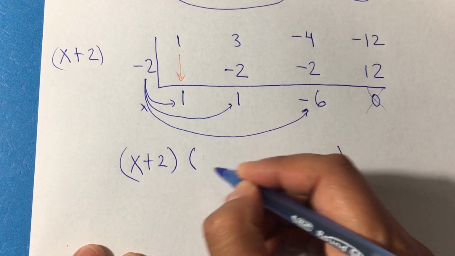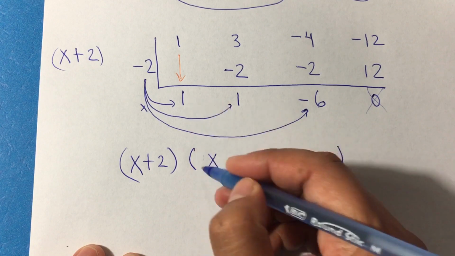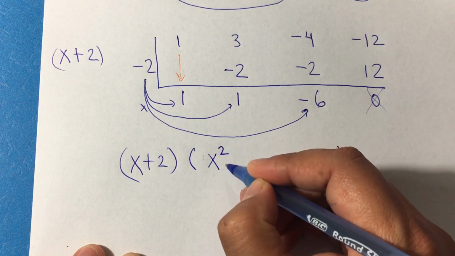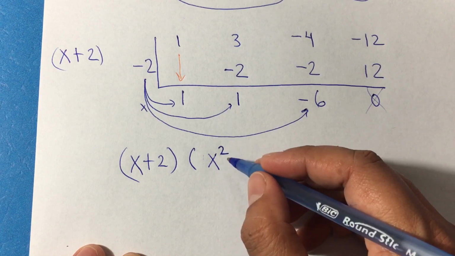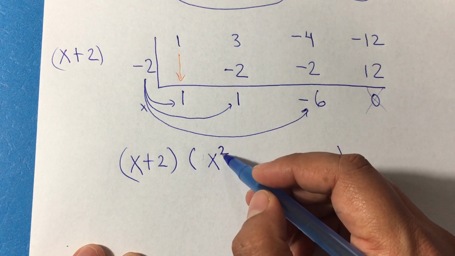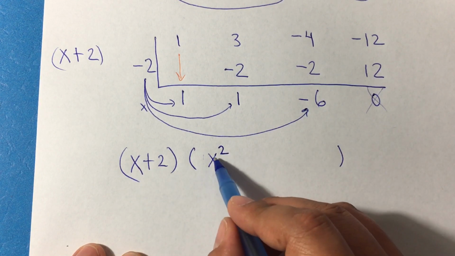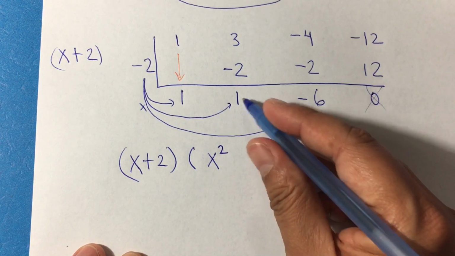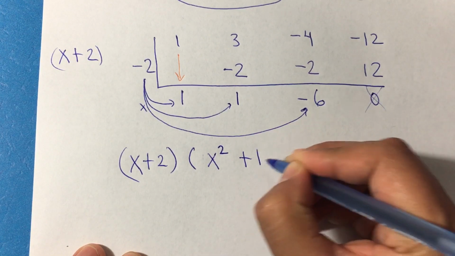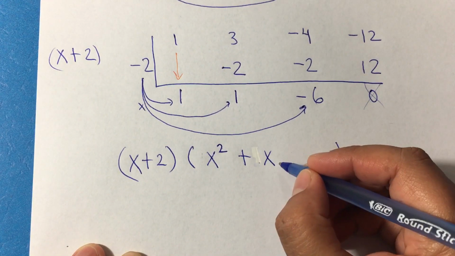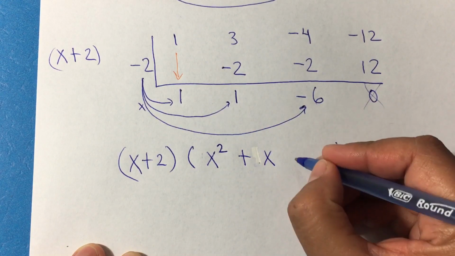So 1x, we don't put the 1 as coefficient, to the second power. We're going on descending order, so if our first one was 3, we took 1x out, now we only have x squared. The next one is plus 1x. Oops, we don't write the coefficient 1. So plus 1x minus 6.